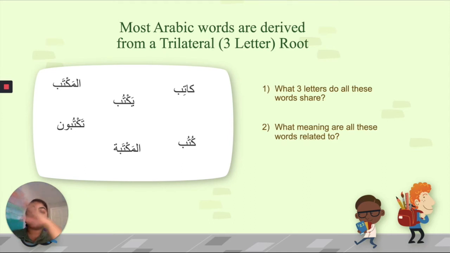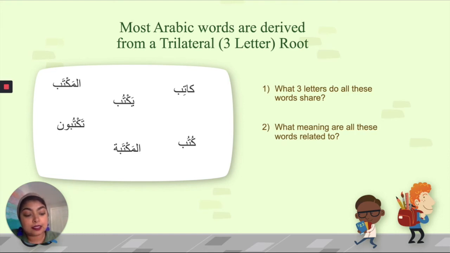So all of these words have to do with writing. But the meaning of the words changes slightly depending on these additional letters that we add. Whether it's to write, something that's written, a person who writes, or a place where you write, all of those words change based on the letters that you add to the root.